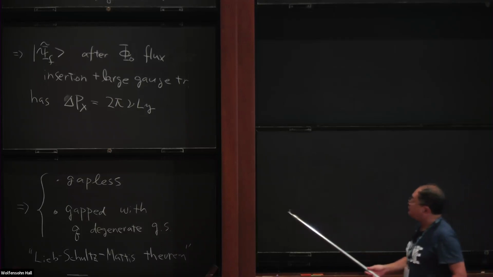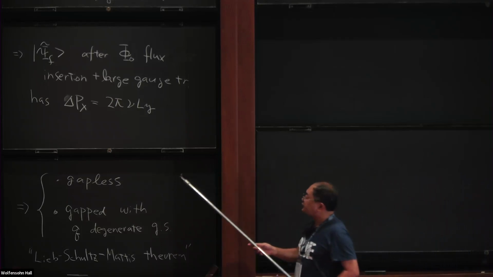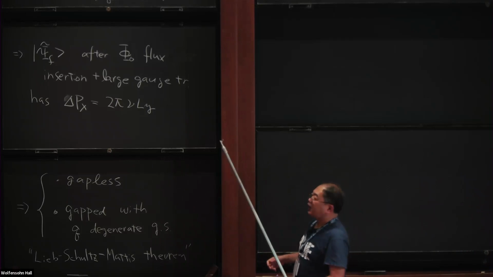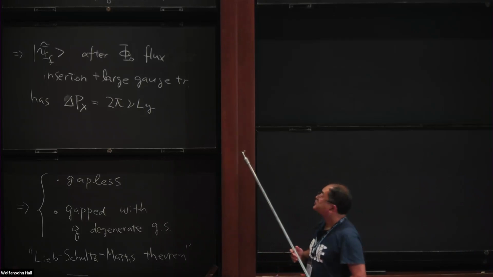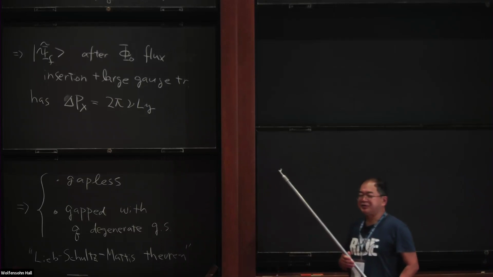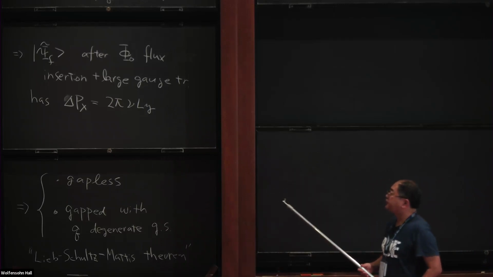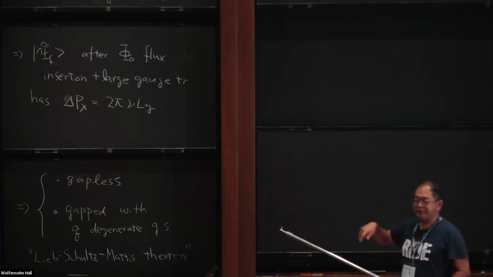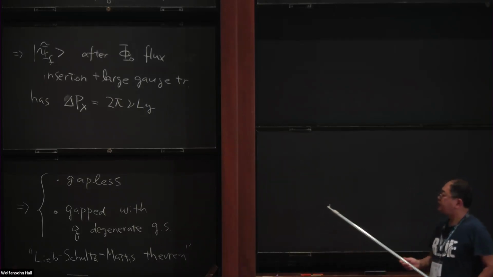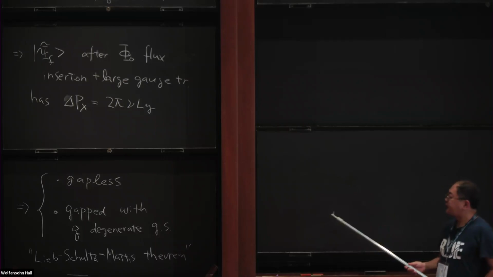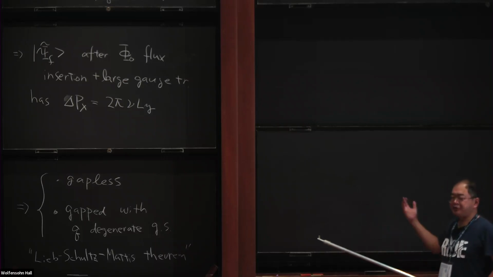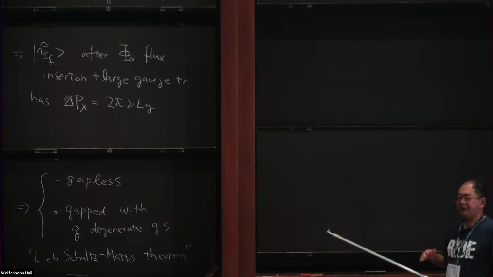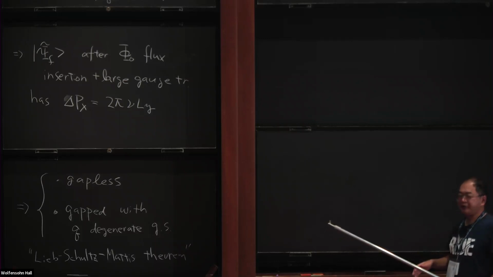And then the main observation is that I can do this flux insertion from zero flux to phi zero, one unit flux quantum. Then you have a non-zero gauge field, vector potential. But then I can apply the large gauge transformation. Then you come back to the original gauge with zero vector potential.